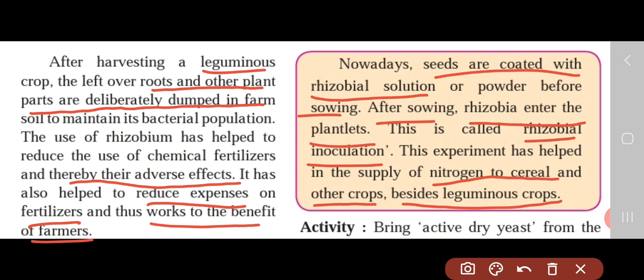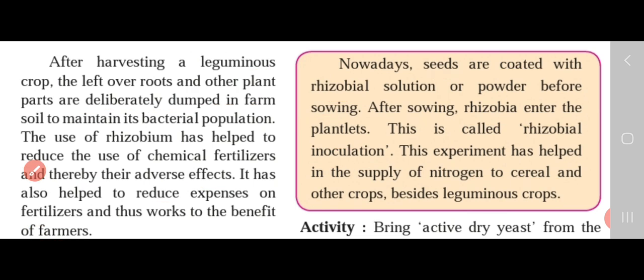So if seeds coated with rhizobial solutions are sown, the plants, which are always in need of nitrogen, because nitrogen is a very important mineral for all types of plants, benefit. So besides leguminous crops, other crops also benefit. So this is one of the important microorganisms, rhizobium, which is helping us not only for our plant production but also other types of plants.